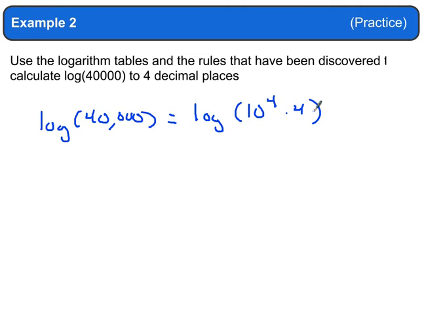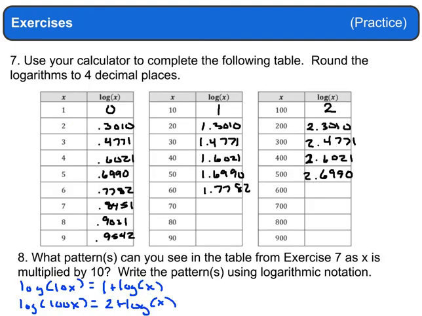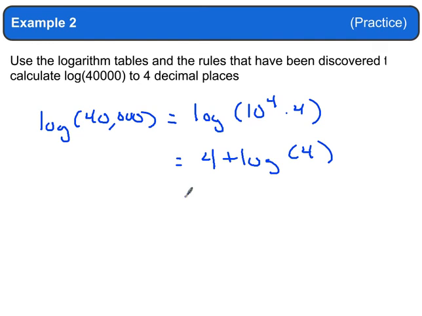We're trying to illustrate that we could use that log property piece. And so now, if we use that rule, we now know that means this is going to be 4 plus log 4. Now I just need to look at what log 4 is so we can go back to our tables. Log 4 was 0.6021. So I replace that with 4 plus 0.6021, and we find out this is 4.6021 as the final answer.